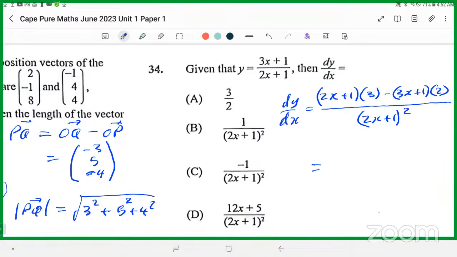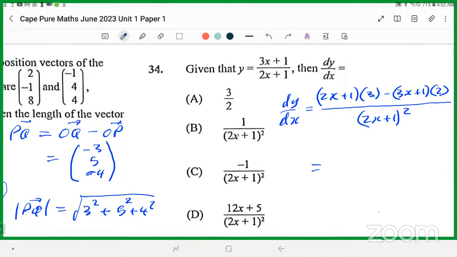I'm going to expand out the top first. In terms of the x, we get 2x times 3, that's 6x, and then minus 6x. So the x terms are gone from the numerator. In terms of the numbers, we get 3 times 1 is 3, minus 2 times 1 is 2.